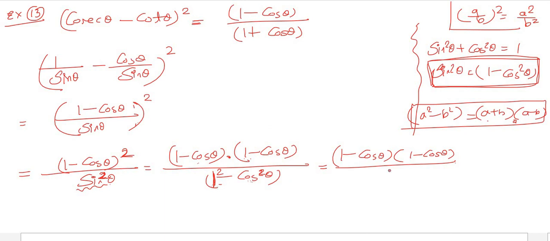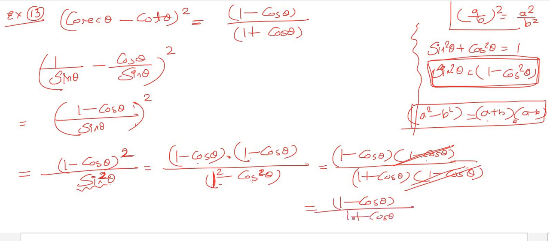Factorize it. So it will be 1 plus cos theta, 1 minus cos theta. Correct? So I think the 1 minus cos theta will cancel. Right? What is left over is 1 minus cos theta and 1 plus cos theta. And it is nothing but the same thing. Hence, proved. Do it again on your own.